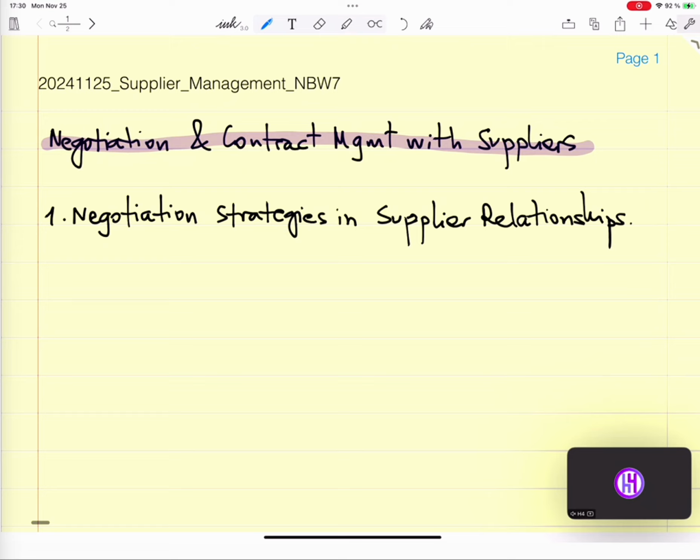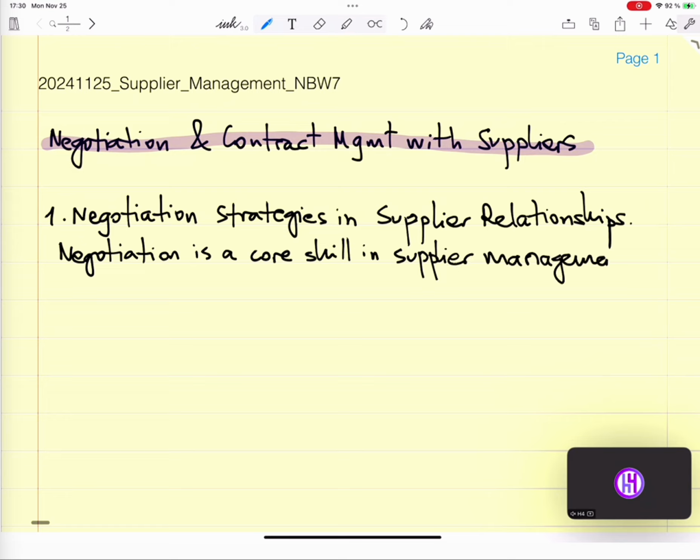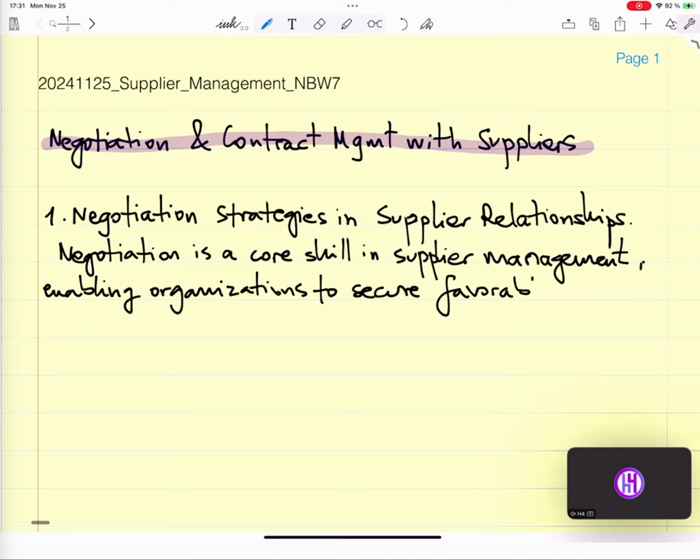It's a core skill for supplier management, enabling organizations to secure favorable terms while fostering collaborative relationships.